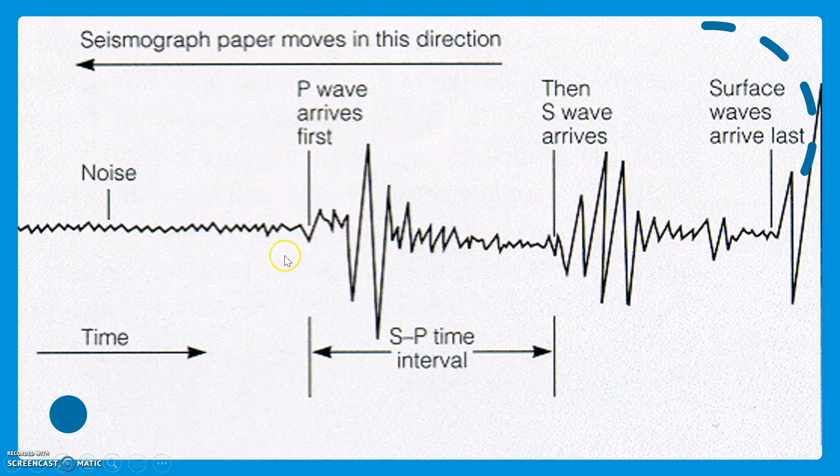And then we have the S waves that are a little bit different than the P waves, and later on we have the surface waves. You can notice that there is a difference between each one of them. At first, the P waves are a little bit bigger than the S waves. S waves are a little bit smaller, and surface waves are way larger than the other two.